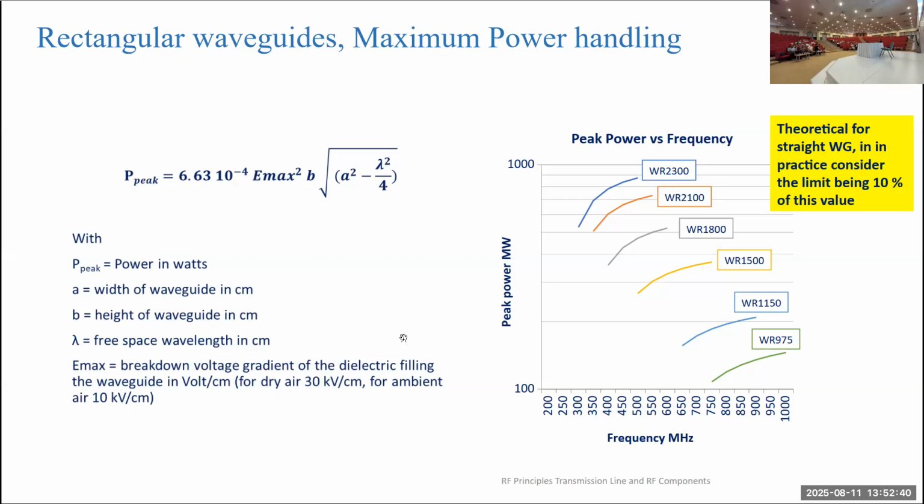Why do we need the waveguide? To direct the RF power to the particular device. Otherwise, how can we inject it into an accelerating structure or any RF device?